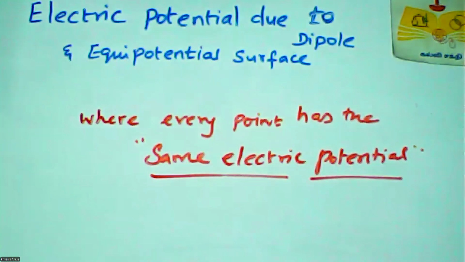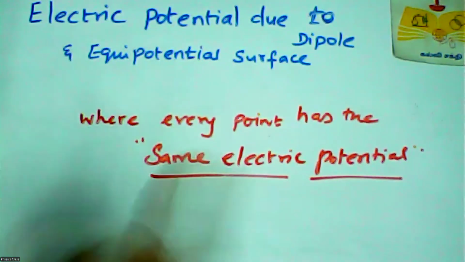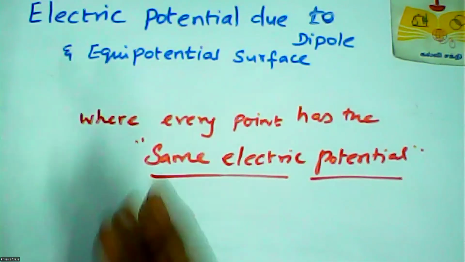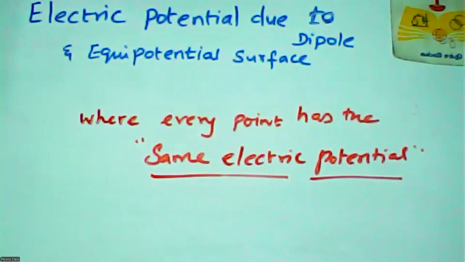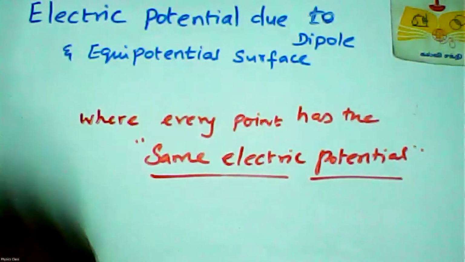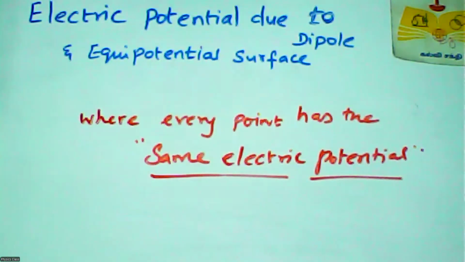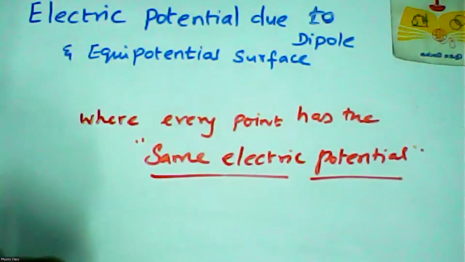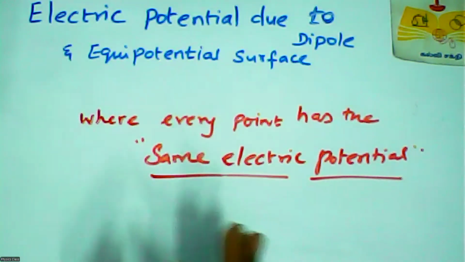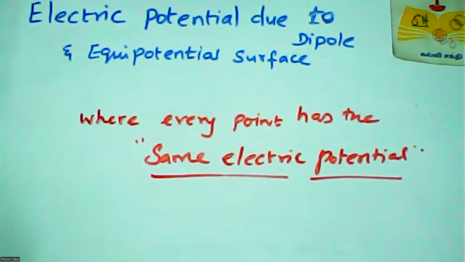So equipotential surfaces mean every point has the same electric potential. You shouldn't think of it as each point having a different potential. At the same distance, all the points have the same potential. I will show the animation.